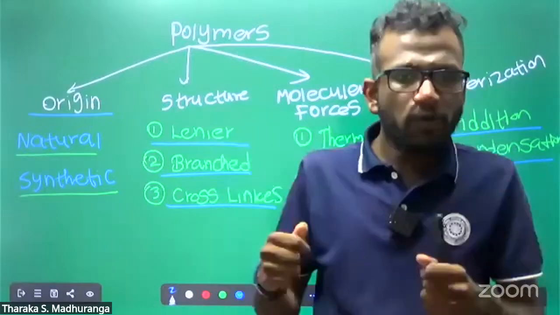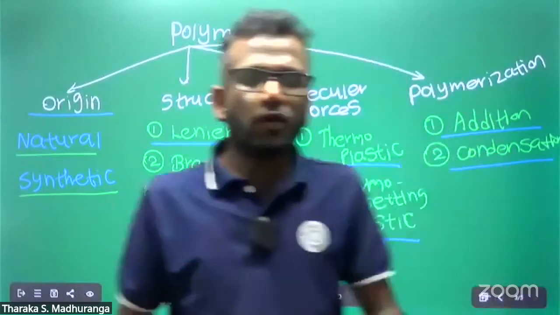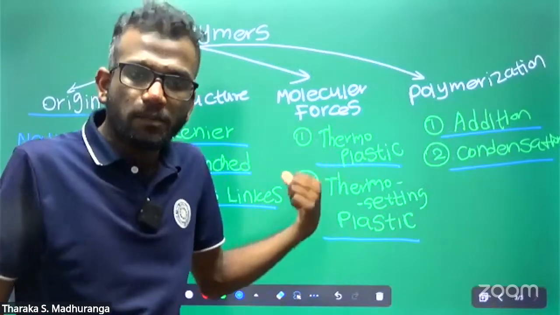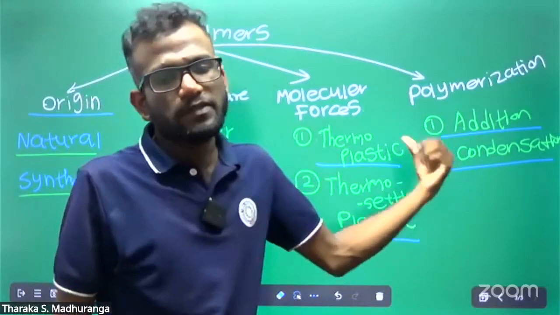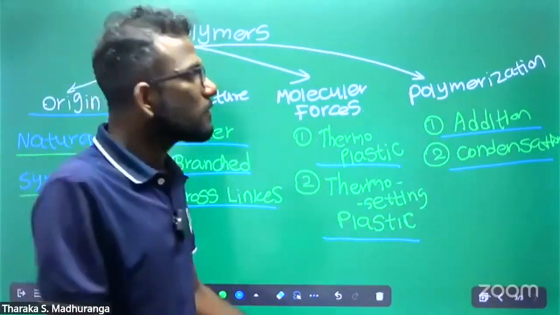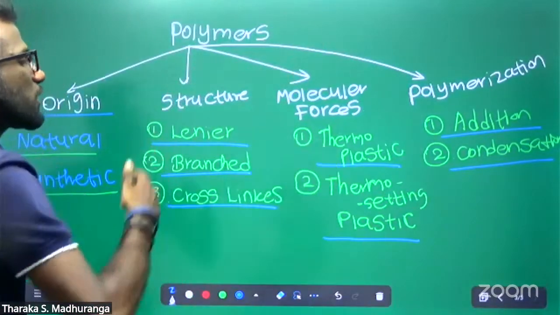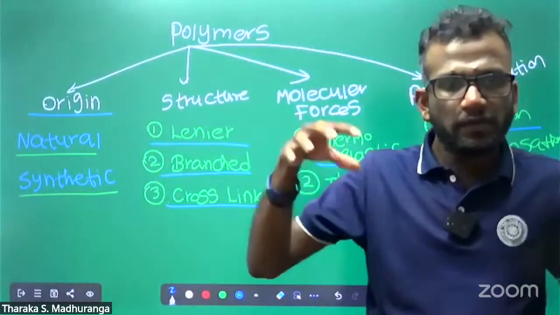According to the structure: linear polymers, branched polymers, and cross-linked polymers. According to the molecular force: thermoplastic and thermosetting plastics. According to the polymerization: addition polymers and condensation polymers. That is the full and most important polymer classification.